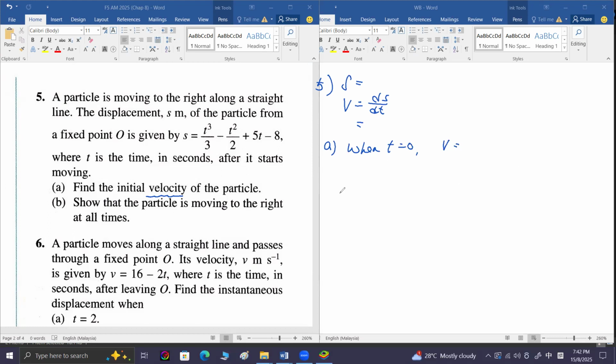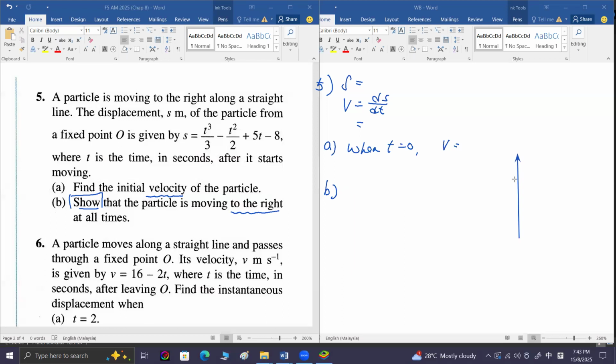What I'm trying to explain to you is part B. See the word show: show that the particle is moving to the right at all times. Remember b squared minus 4ac? Moving to the right means the velocity is always positive.